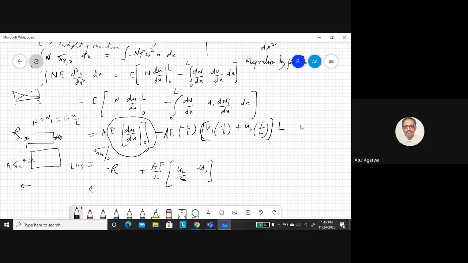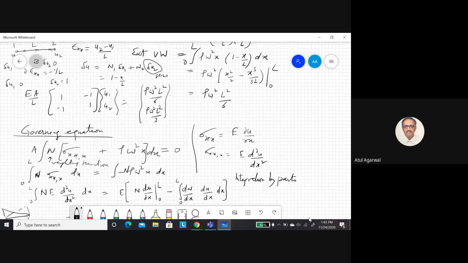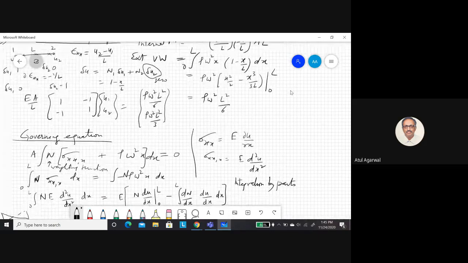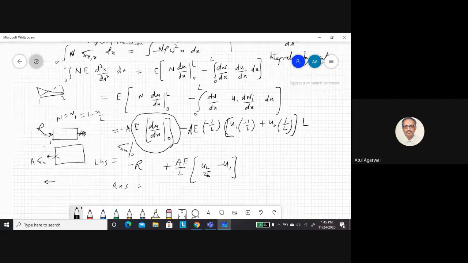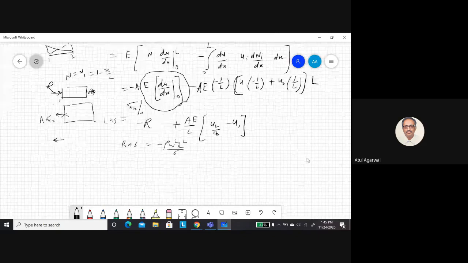What we calculated earlier was coming to be rho omega square L square by 6. There was a minus sign, and minus rho omega square L square by 6.